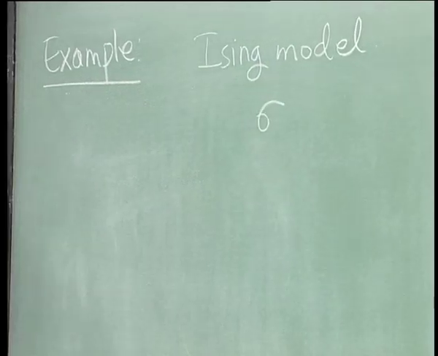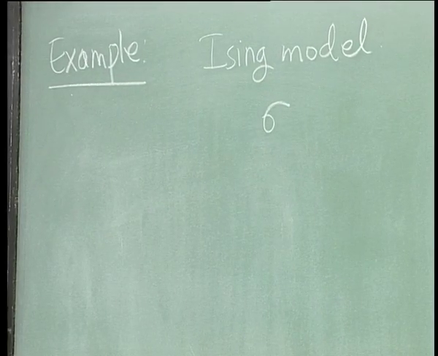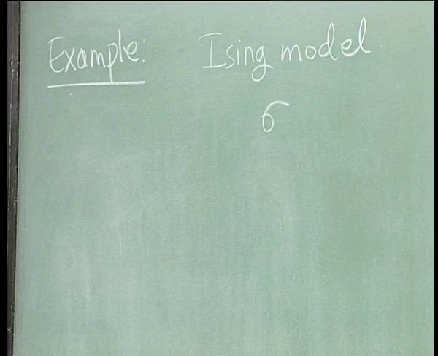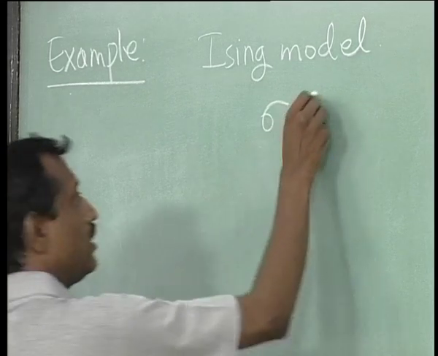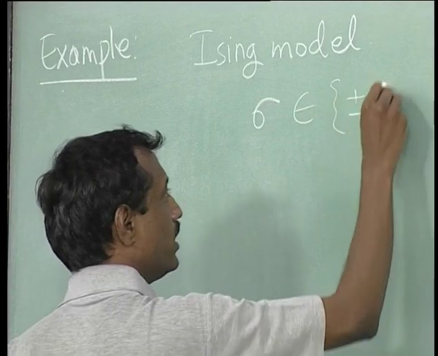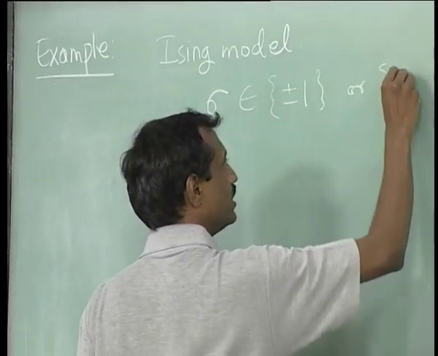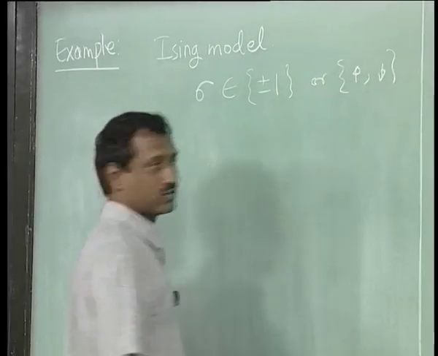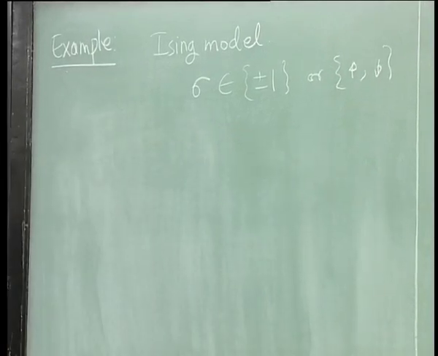In the Ising model, at every lattice site there is a spin which can take up or down values. So sigma takes values in plus or minus 1, or more pictorially it can take two values which we indicate by up or down.